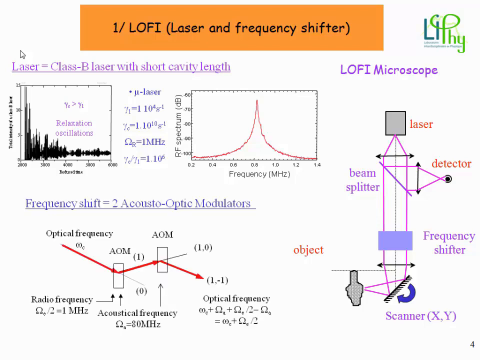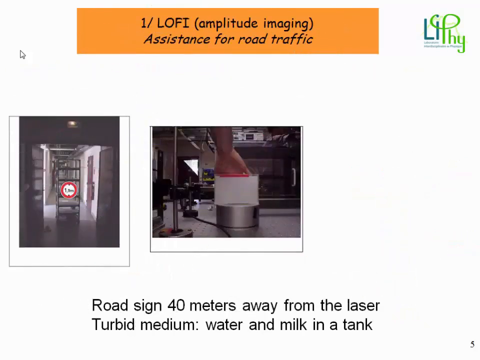Experimentally, our frequency shifter is composed of two successive acousto-optic modulators working respectively at 80 MHz and 81 MHz to finally obtain by difference a frequency shift in the megahertz range. So the high sensitivity of the LOFI method comes from this resonant amplification when the frequency shift here is equal to the relaxation frequency of the laser.